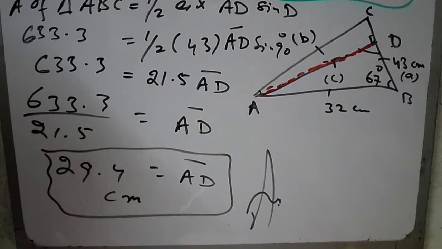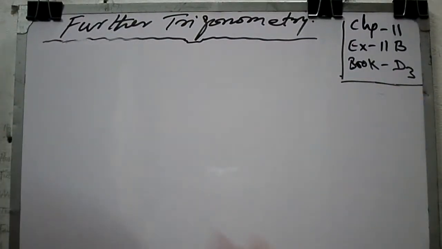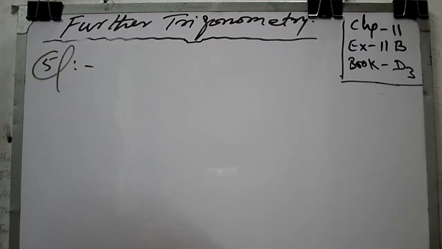Now coming to question number 5. First of all, we have to read the statement. In question number 5, given that the area of the rhombus is 40 centimeters and that each side is of length 15 centimeters, calculate the angles of the rhombus.